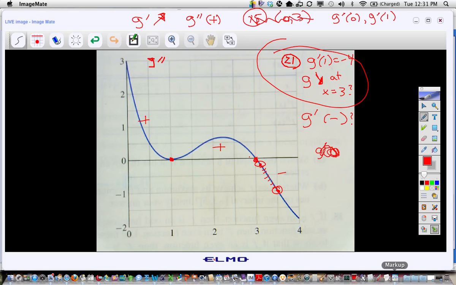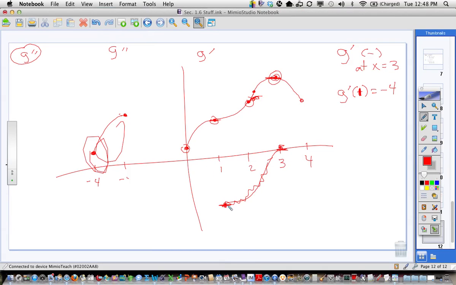And so let's go back to our G prime graph. Where did we know we were? We knew at 1, we were down here at -4. How far over are we talking about going? We're talking about going from 1 to 3. We're going over 2. If I go over 2, how far up am I going?